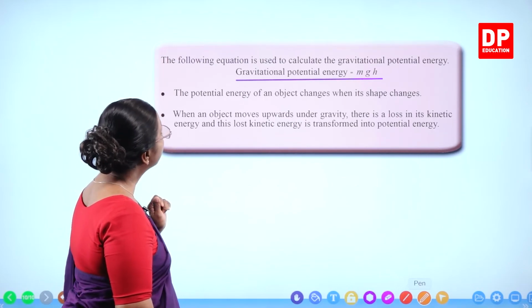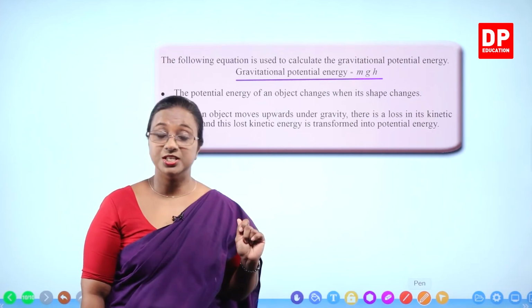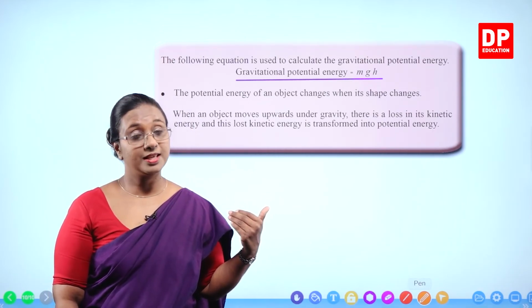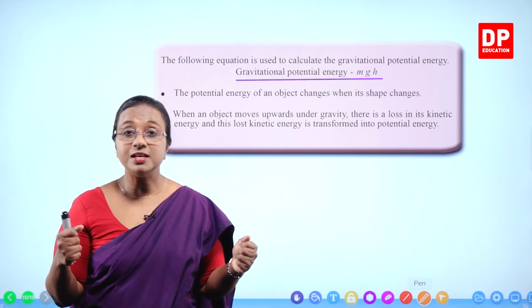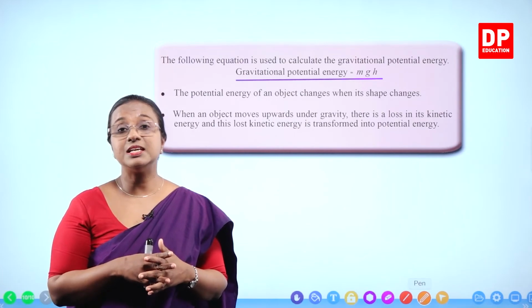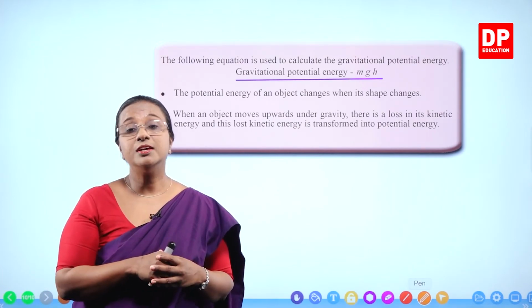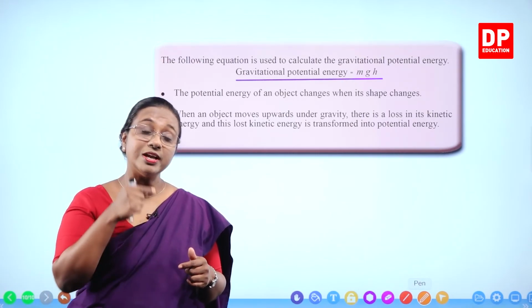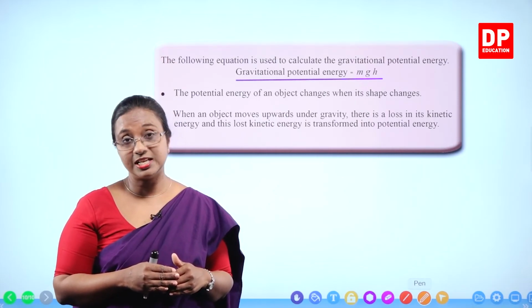Then, the potential energy of an object changes when its shape changes. So, for that also we looked at many examples. What are they? When you stretch a string, a rubber band, an elastic, or, as I told you all, when you use a winding toy, when you rotate the key and the coil gets tightened, then also there is potential energy stored.